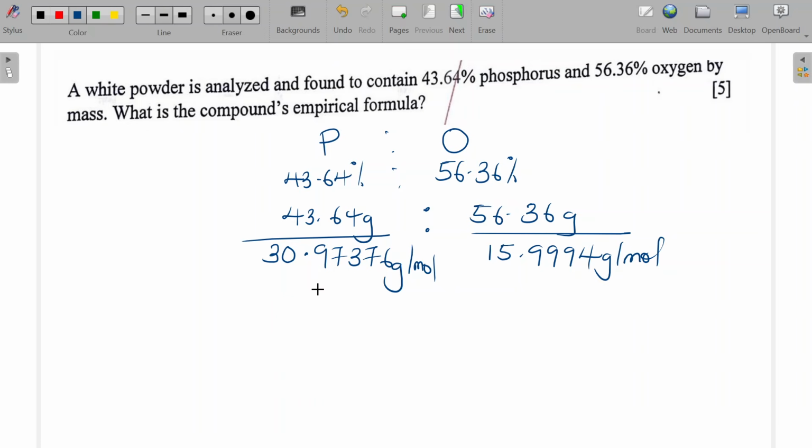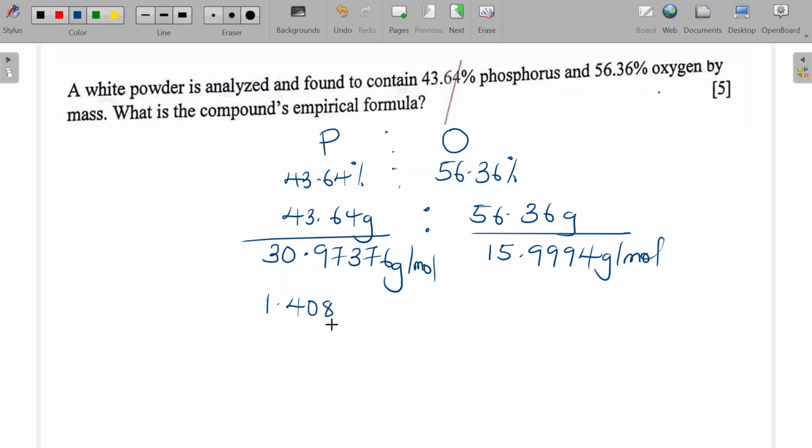So now after you do this, you're going to divide. When you divide for phosphorus, you say 43.64 divided by 30.97376, and we are getting 1.408.